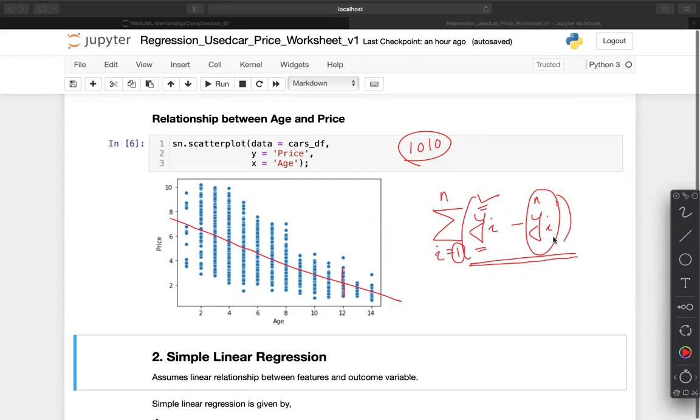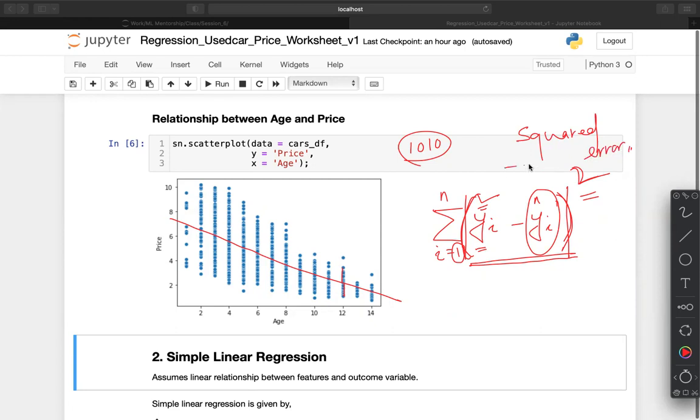So they will cancel out each other. So the two possible choices we have: either you take the absolute value of it or you take a square value of it. Right? We'll deep dive into this concept a little later, but let's assume that we take a square value of it, which is called a squared error.